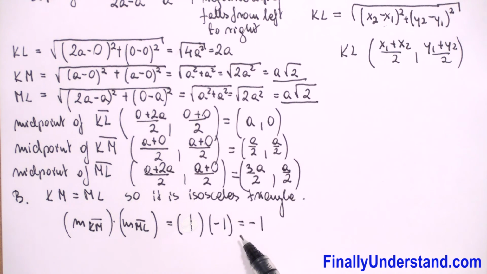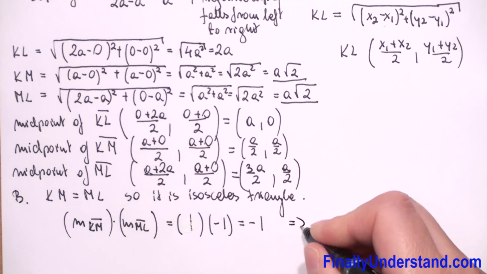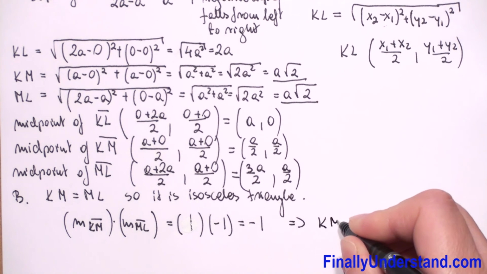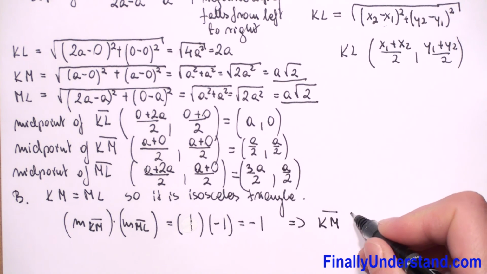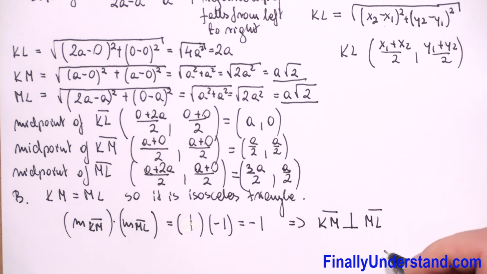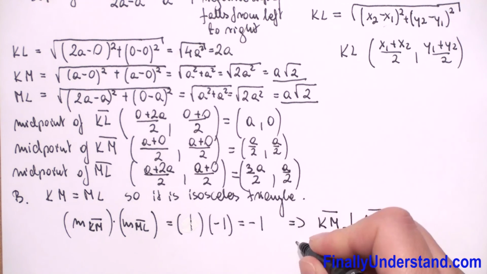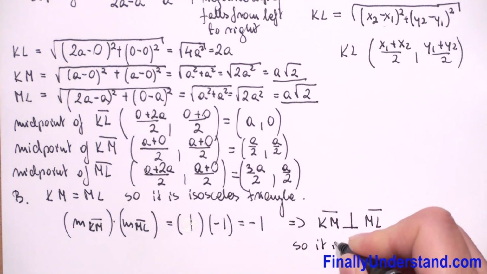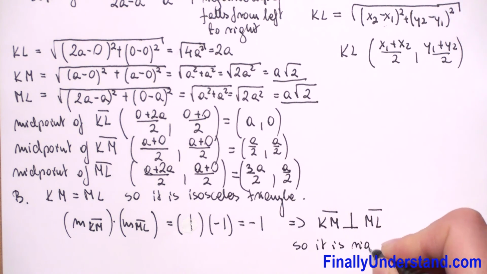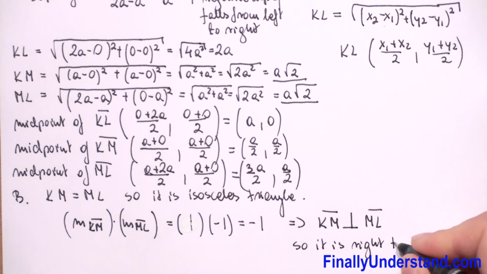So because we got value -1, it means that KM segment is perpendicular to ML segment. It means that we have here right triangle. This is my solution.